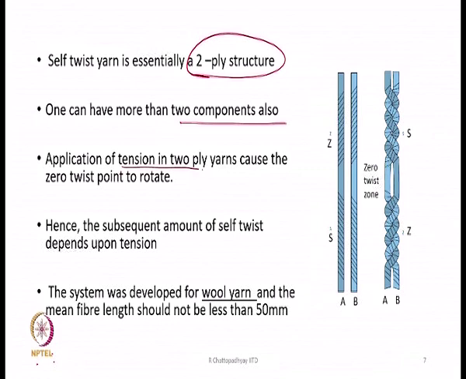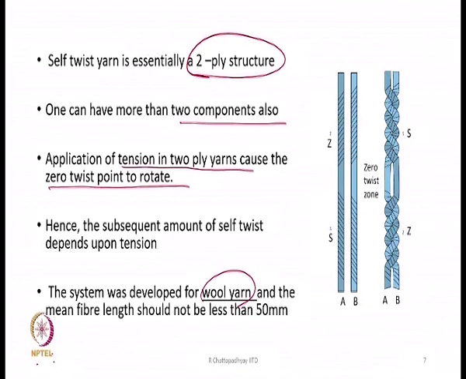Application of tension in the two ply yarn causes the zero twisted point to rotate, and there is a chance of twist redistribution depending upon the tension. The system was developed originally for wool yarns and is meant for long fibers.